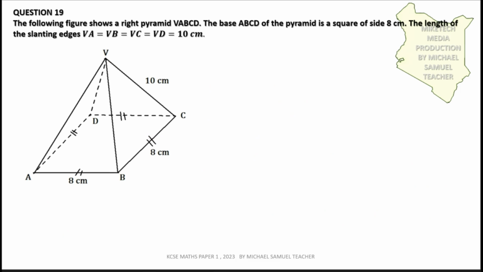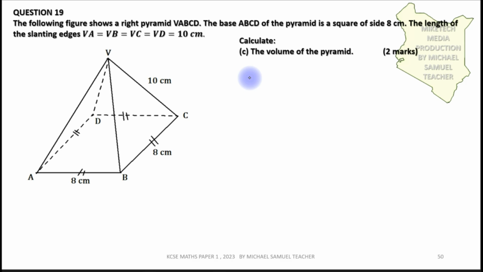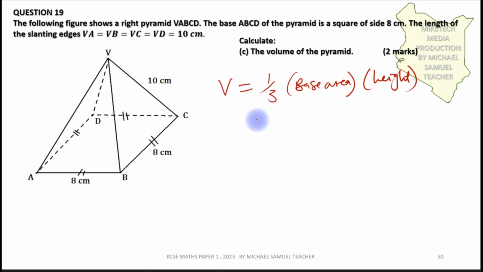Then part C of the question, we need to find the volume of the pyramid. So volume is given by a third times base area times the height, and by that we mean perpendicular height.